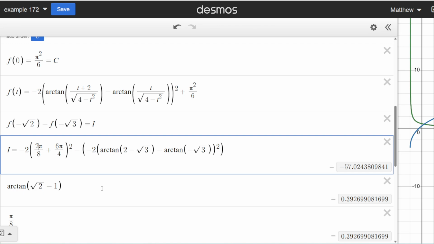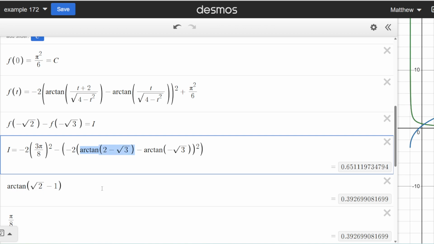That is going to be an 8 over 16. So, wait a second. Pi over 8 plus pi over 4. 6 pi over 16, 3 pi over 8. 3 pi over 8.